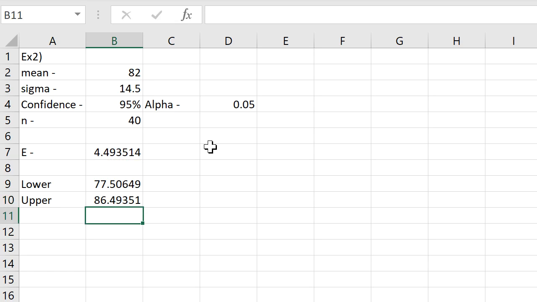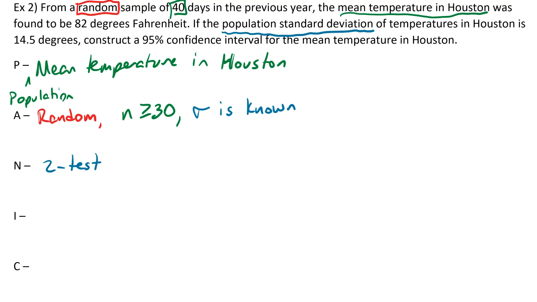And this gets us our lower and upper bounds for our interval. All right, so we're going to head back over to the notes. And if we round those to 2 decimal places, we got that it's 77.51 to 86.49.